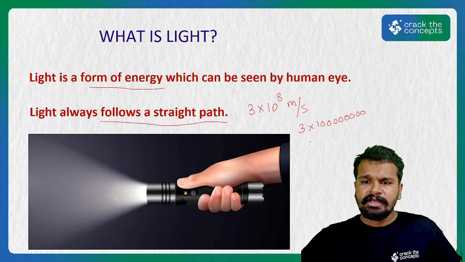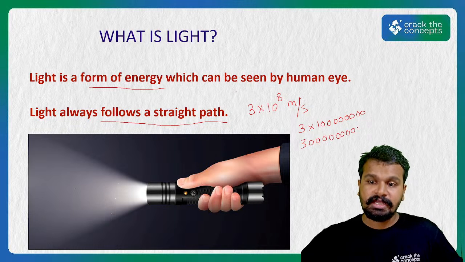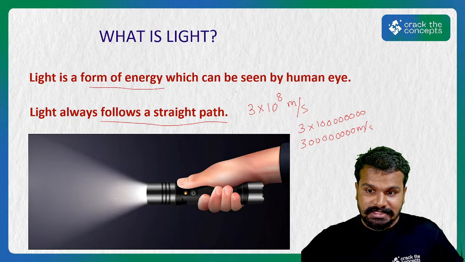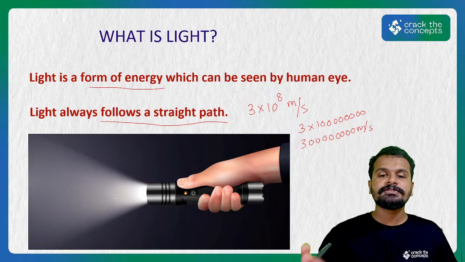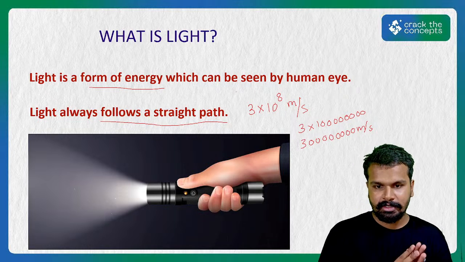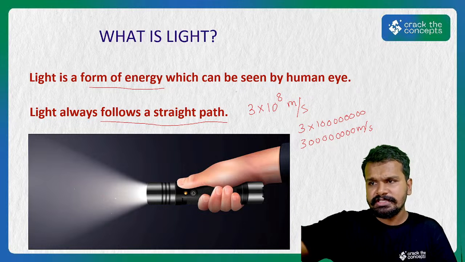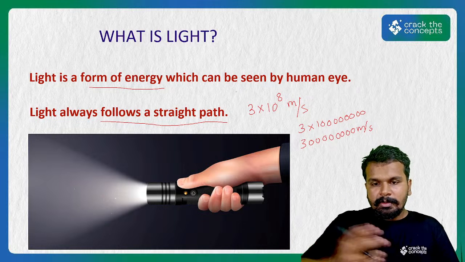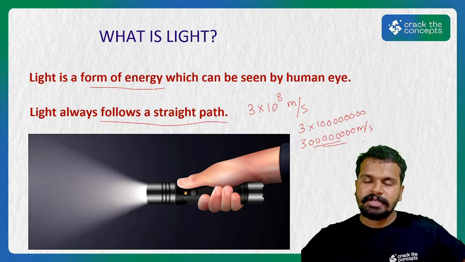Which becomes 3 and 8 zeros meter per second. In 1 second, light travels this many meters. You already know what 1 meter is; it is a very short distance from you. In 1 second, light travels this many meters.